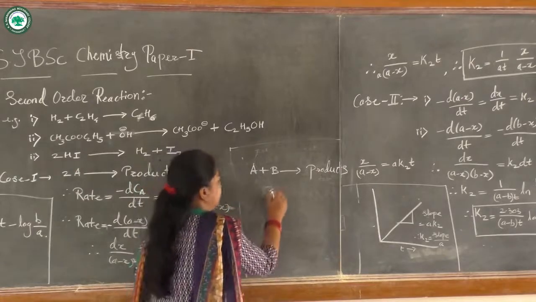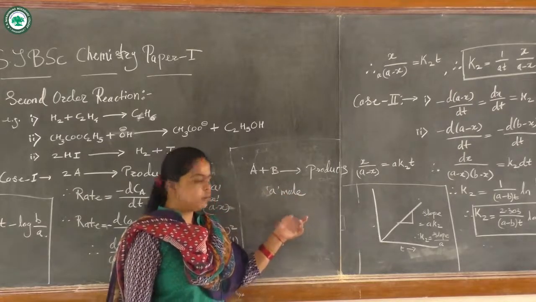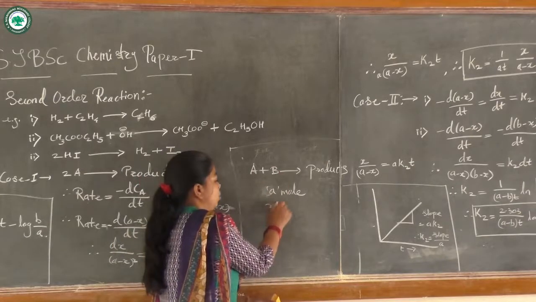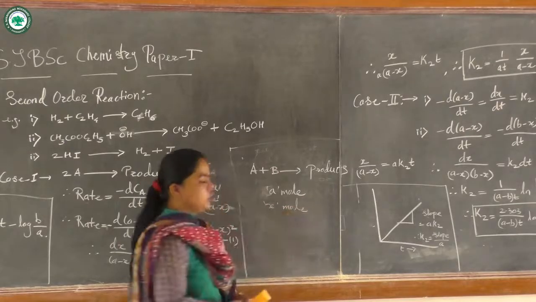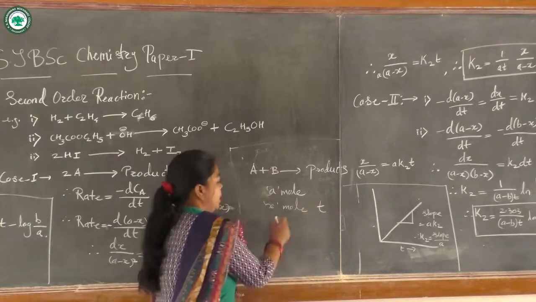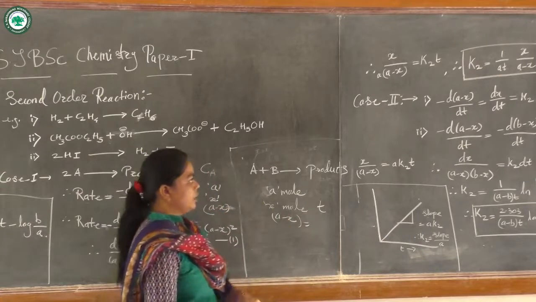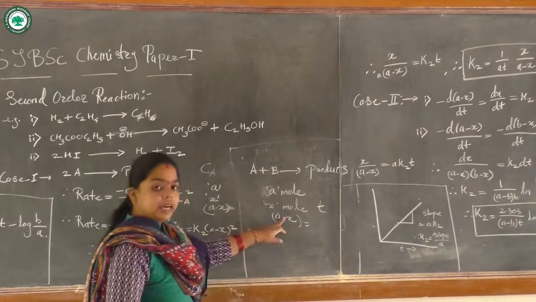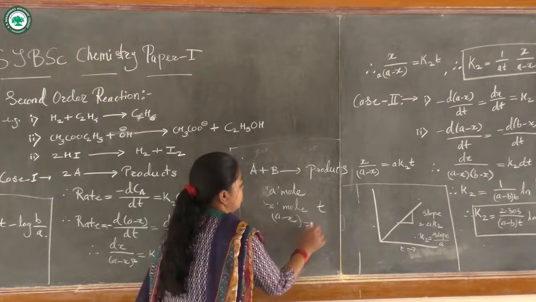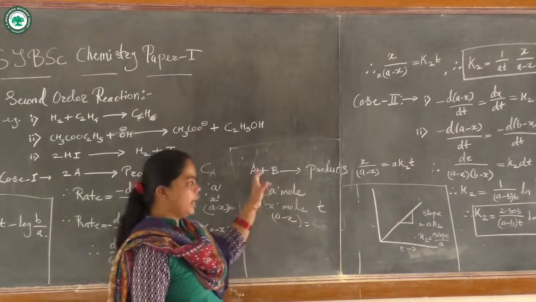Let A mole be the initial concentration of the reactants A and B, and X mole be the concentration of A and B that reacts in time t, and A minus X is the final concentration of the reactants A and B, which is nearly equal to Ca, or we can assume it as the final concentration for A and B also.